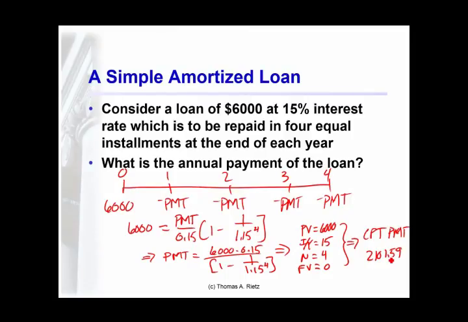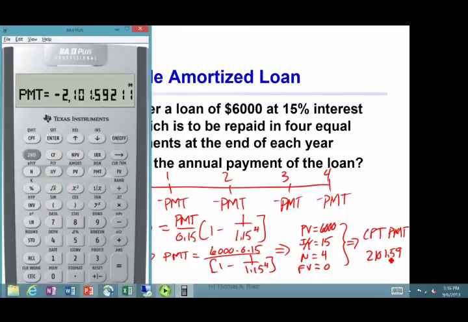Now you can use your calculator to break that into principal and interest payments every year by going to the second amortization button. P1 is the first period you want to consider the principal and interest payments for, period 1. P2 is the second period. So we're going to go from period 1 to period 1. So this will be the first year's principal and interest payments.